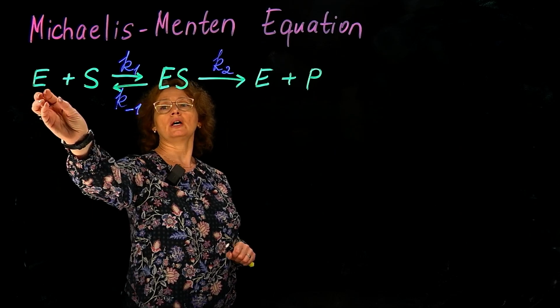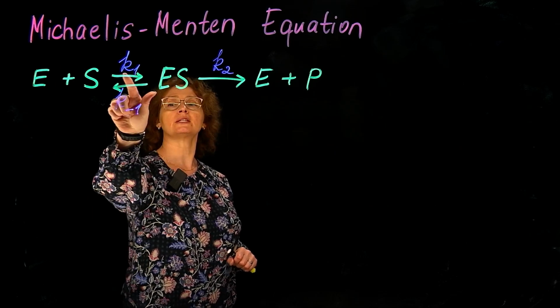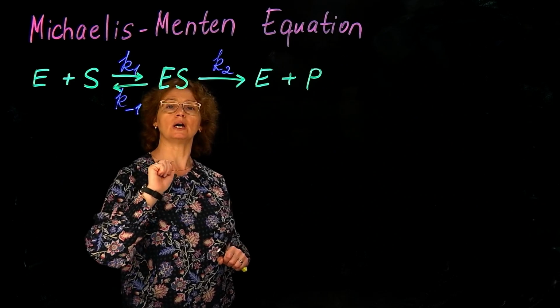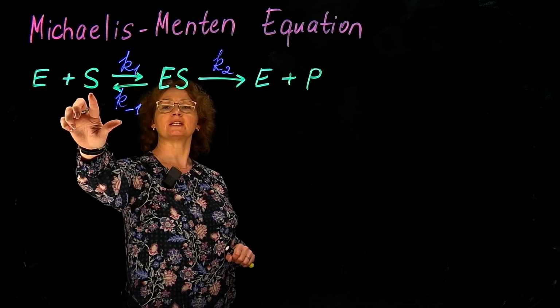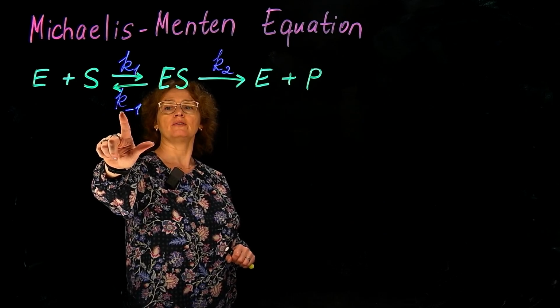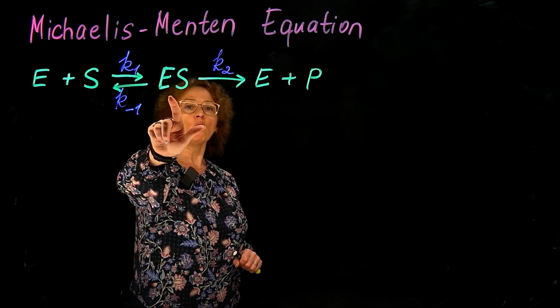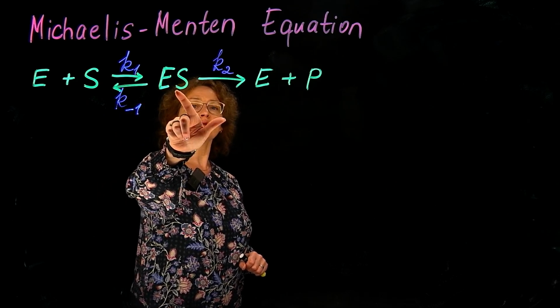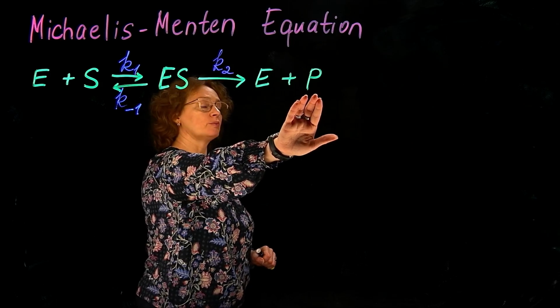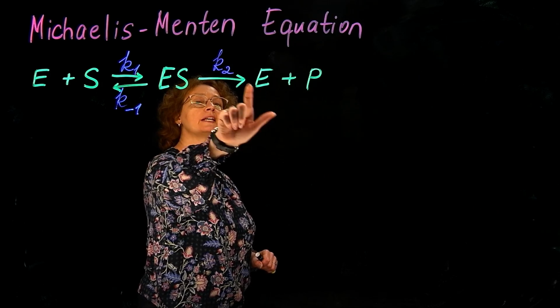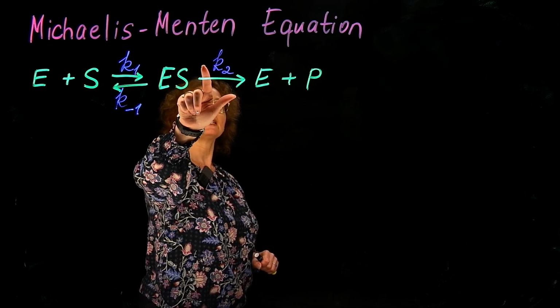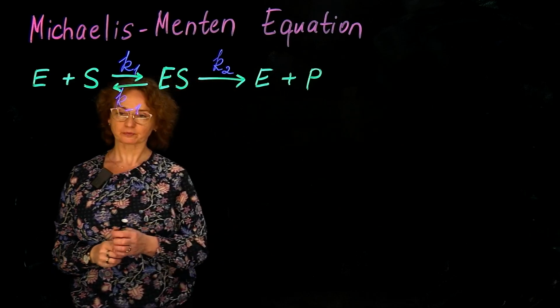So formation of the complex is characterized by the rate constant K1. Decomposition can be back into free enzyme and substrate, characterized by the rate constant K minus 1, or the substrate in the complex can be converted into the product, and the product is released to regenerate the free enzyme. This process is characterized by K2.